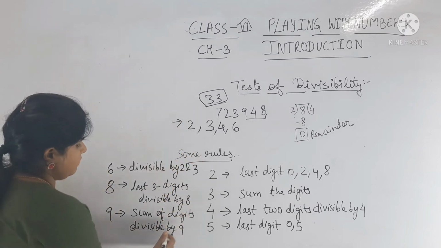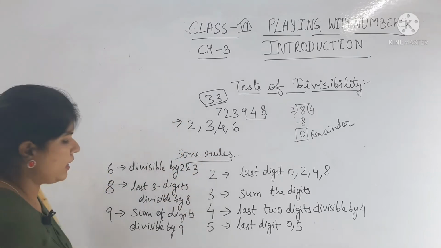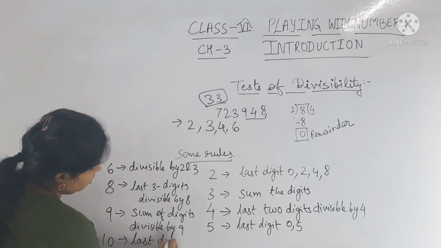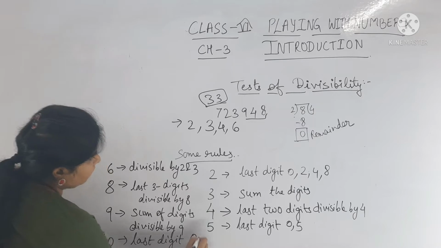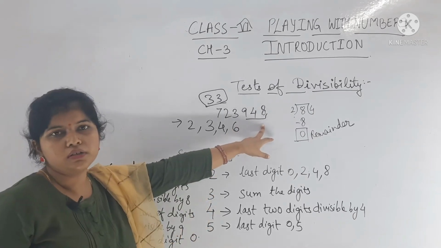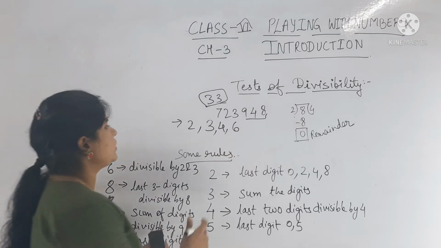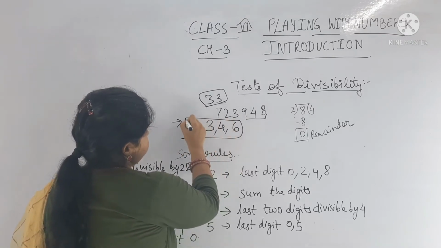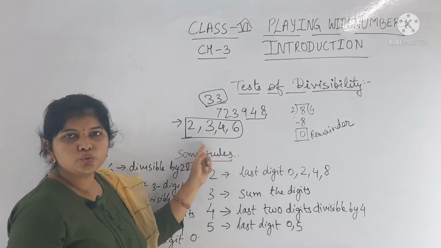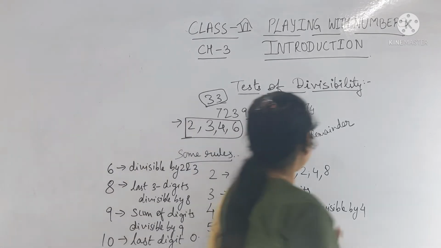So here it is not divisible by 9. And for 10, the last digit should be 0. Here it is non-zero. So these are the divisibility rules. This number is divisible by 2, 3, 4, 6. You can note it down.